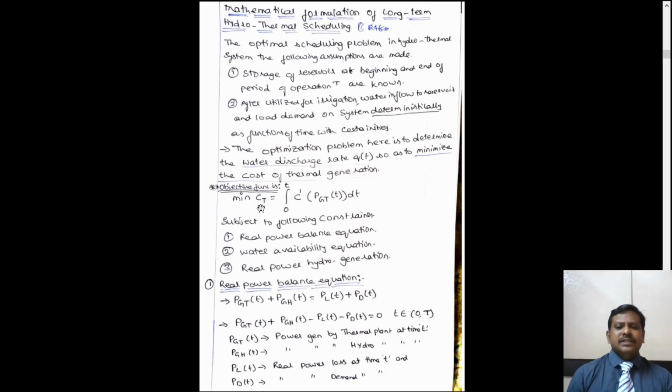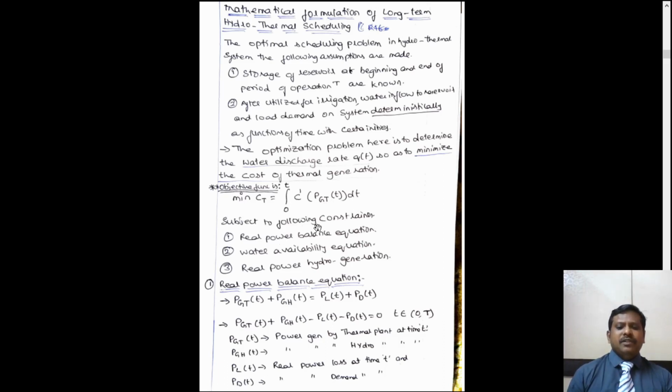So here we are considering the integral from 0 to T of cost as a function of power generated by the thermal power plant within the specified period of time, because we are scheduling with the help of hydro. That is the reason we are considering the period of time here.